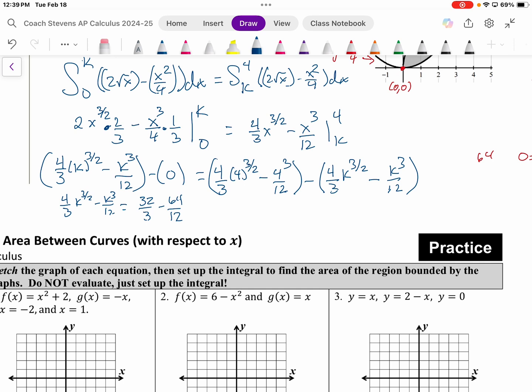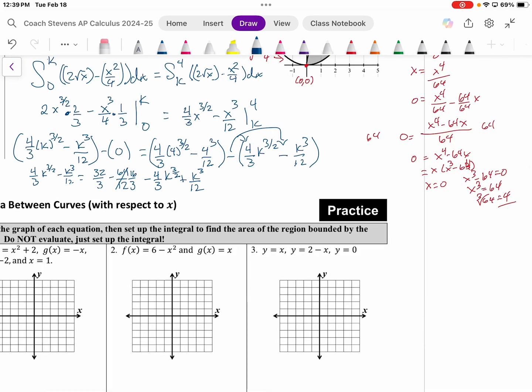We can divide by 4. So isn't that 16 over 3? All right, that makes it easier to combine the middle thing. Now I distribute the negative, so I have minus 4 thirds k to the 3 halves plus k cubed over 12, because we distribute that minus sign. And let's see, I'm going to try to go way down over here.